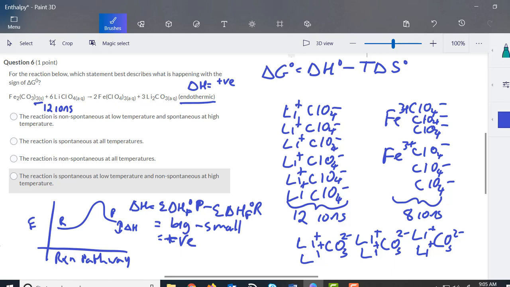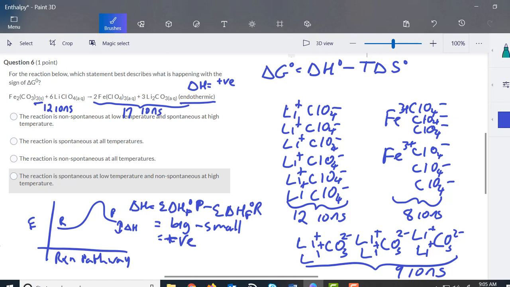So there's 9 ions in total over there on the Li2CO3s. So in total on the product side, we've got 8 and 9, that's 17 ions.